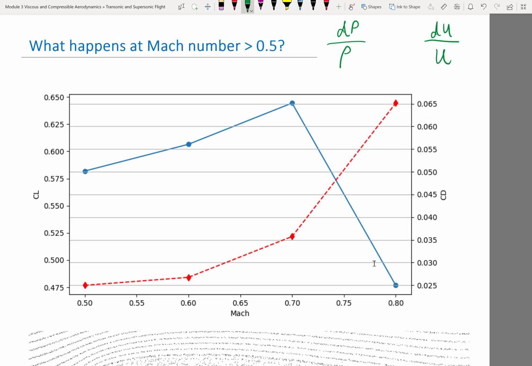Which means if I increase my speed by 1%, how much does the density change? So first of all, is the relationship positive or negative? If I increase my velocity, does my density increase or decrease?